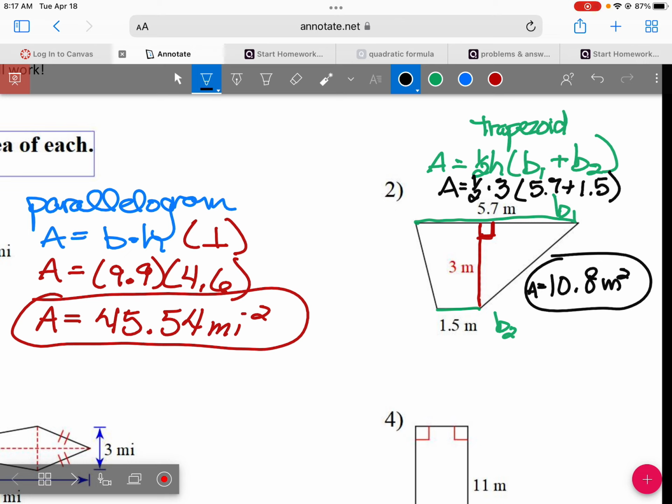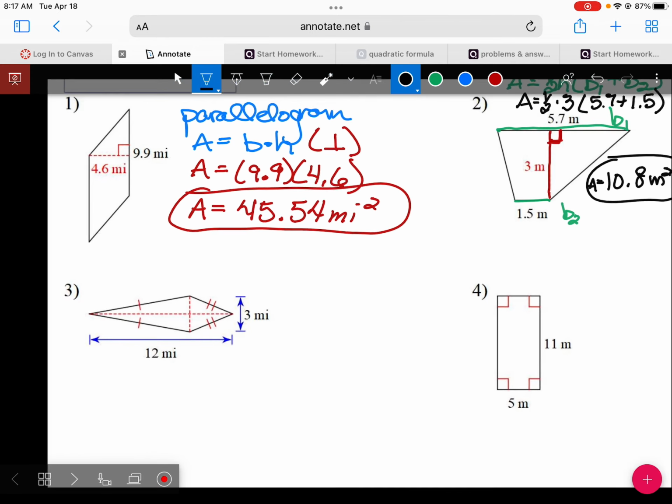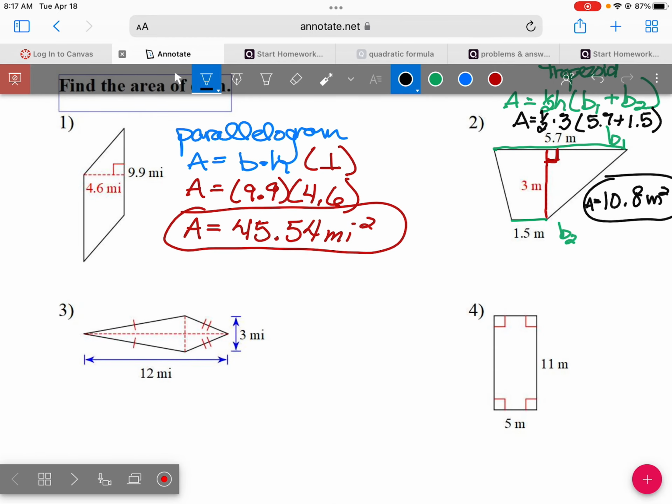Any questions on that? All right, moving right along. Number 3, we probably talked about how this is a kite. The informal term is it kind of looks like a diamond. Now I know you don't see too many diamonds that are that long and skinny, but it's a diamond shape, and that helps us to know that this is the formula with the D's, the diagonals.